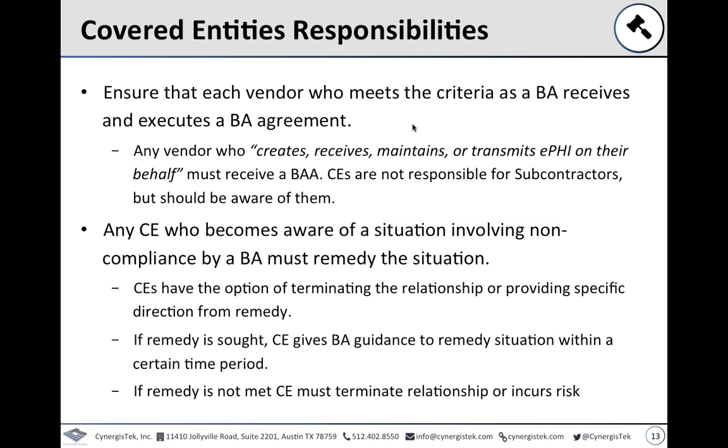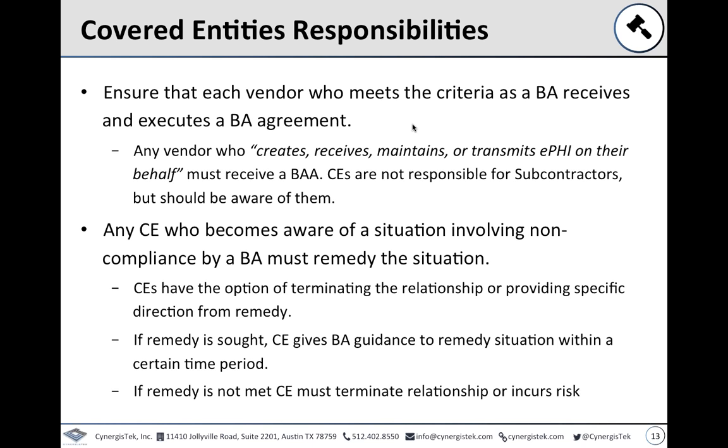So, continuing the requirement that was in the original privacy rule and the security rule, a covered entity has an obligation to have a BA agreement in place with any vendor who creates, receives, maintains, or transmits protected health information on behalf of the covered entity.